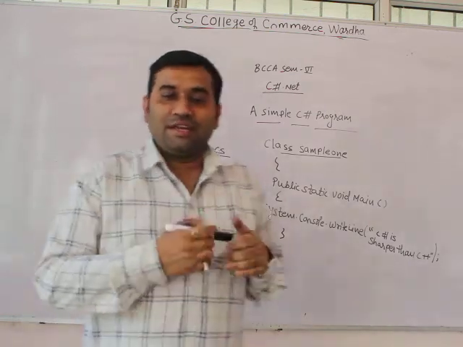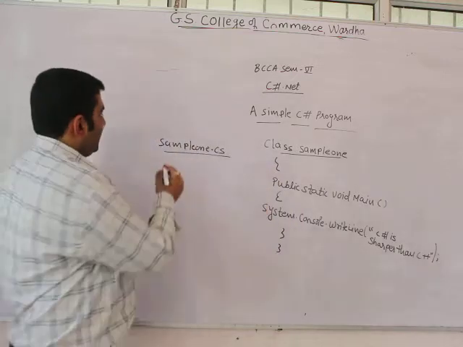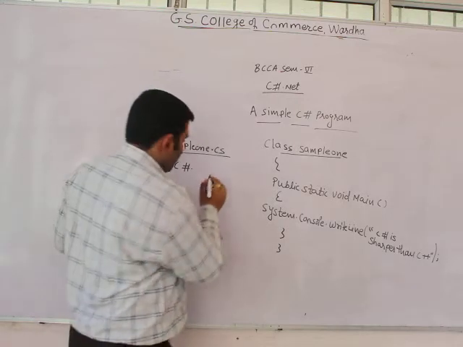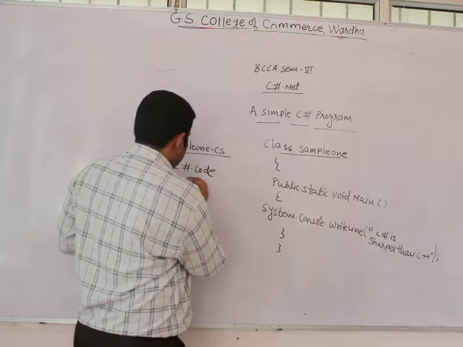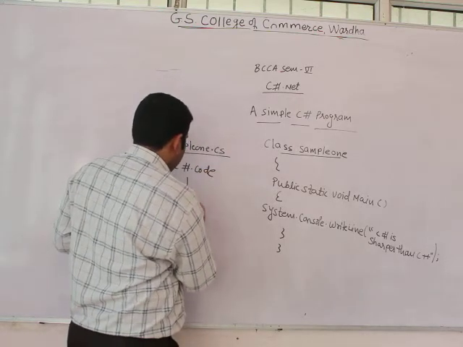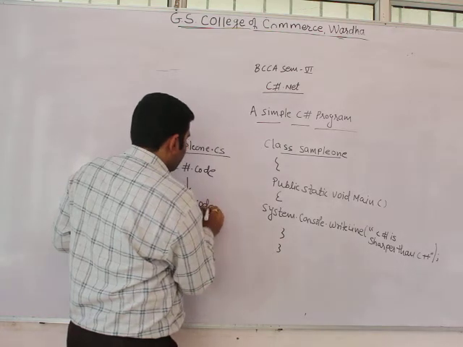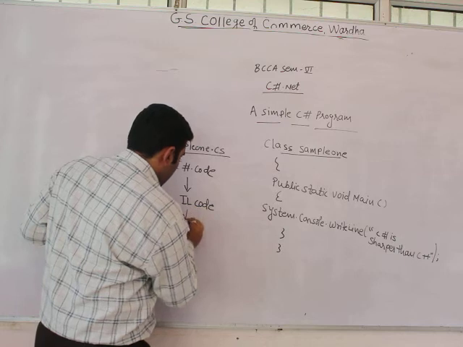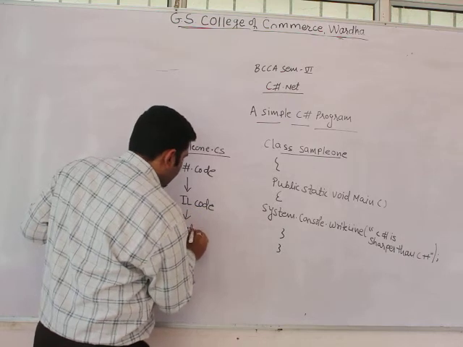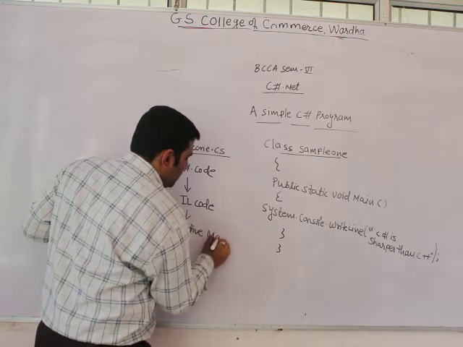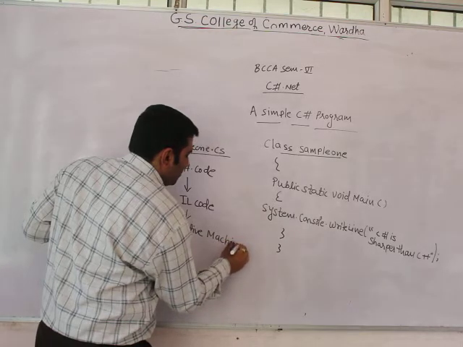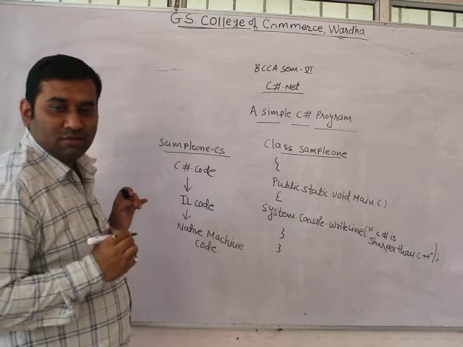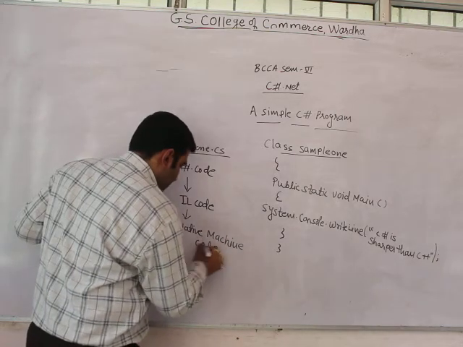IL means intermediate language. First there is the C# code, then the IL code, then the native machine code, and then the output.